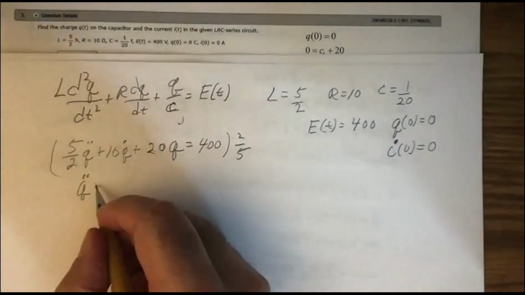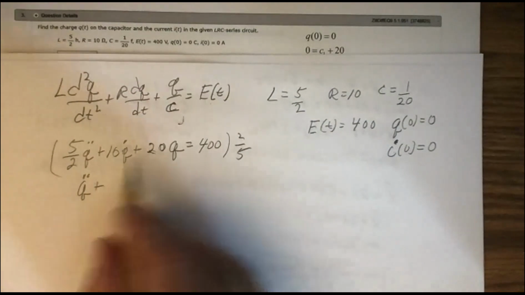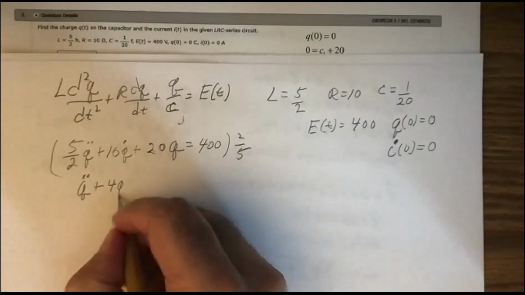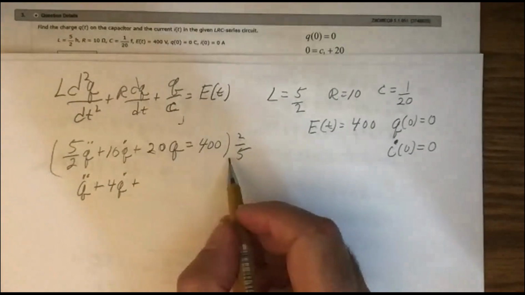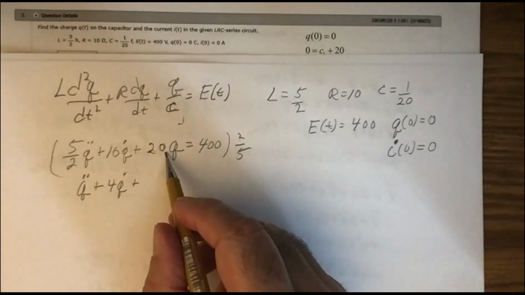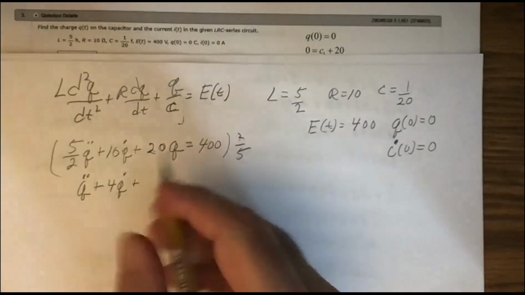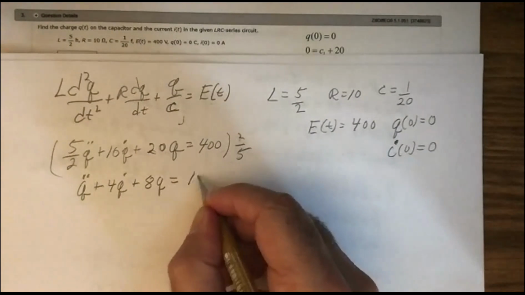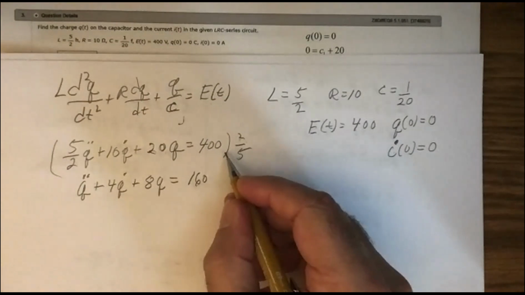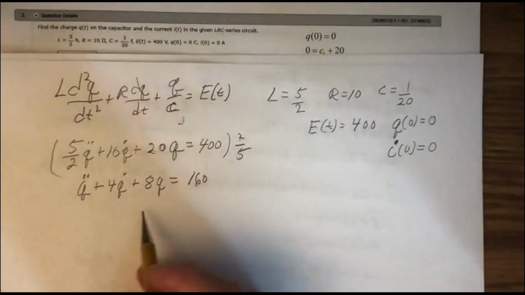Then this is going to be Q double dot plus 4 Q dot, since 10 divided by 5/2 is 4, plus 8Q, since 20 divided by 5/2 is 8, and then equals 160, since 400 divided by 5/2 is 160.